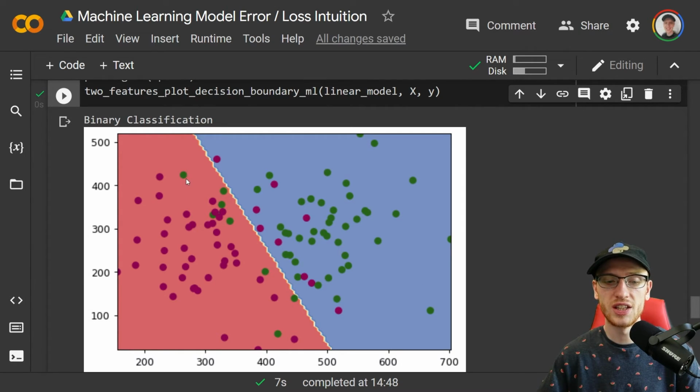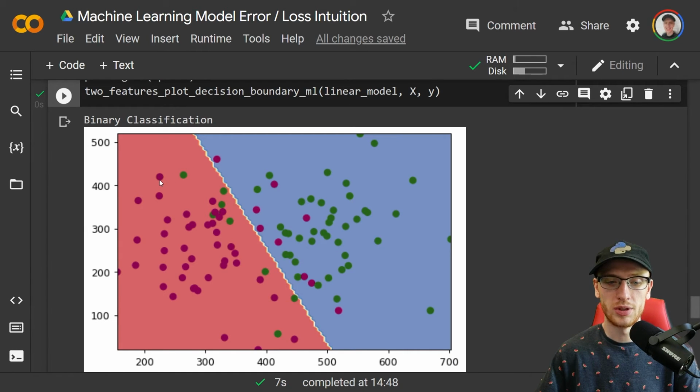So if we look at this point here, we can see that the model predicts it is going to be angry because the shade of this is red, except the point is green, meaning that the model got this point wrong. Similarly for this point, the model thought that it would be happy because it shaded it in blue here, except actually this individual was angry, and so the model got this wrong as well.